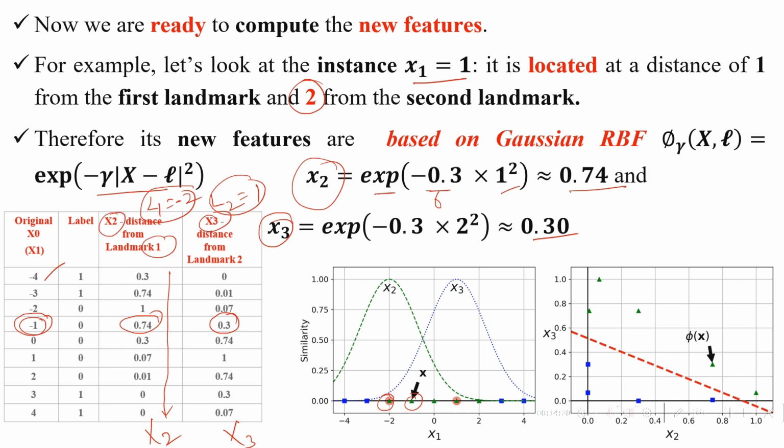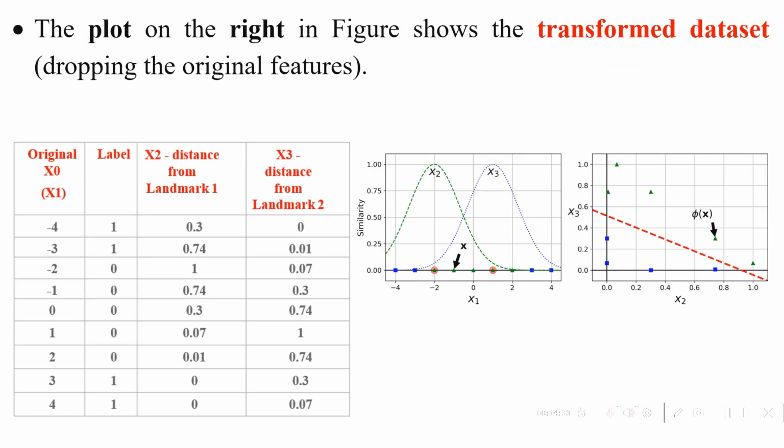Now with the help of this, we are going to plot the graph between x2 and x3. Now we are getting a distribution that looks like this. All the blue points are very close to each other, and all the green points are very close to each other. So these points we can easily separate with the help of some line equation. This is the way we are going to classify the data into two parts.